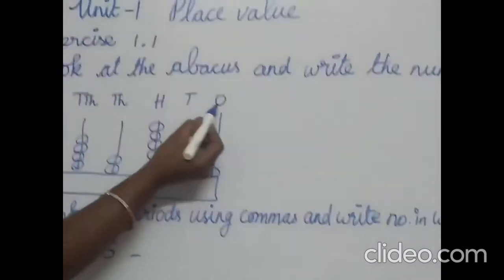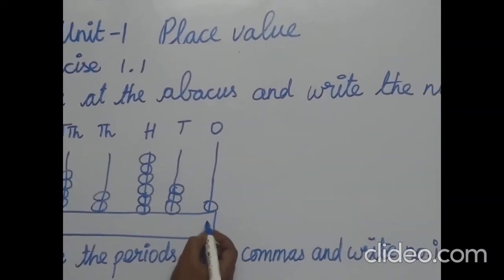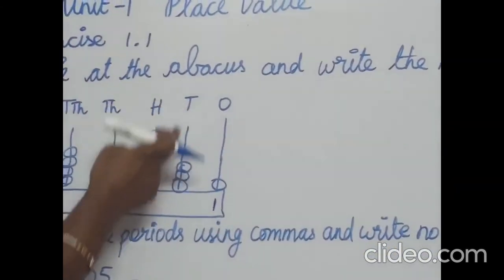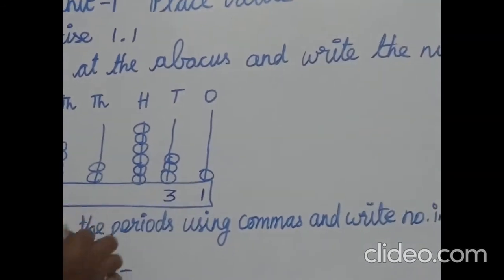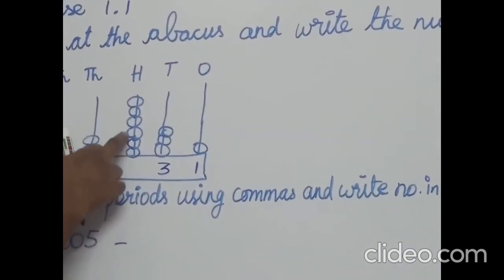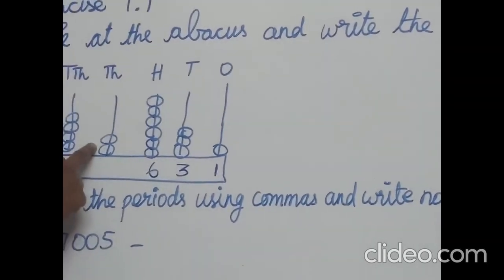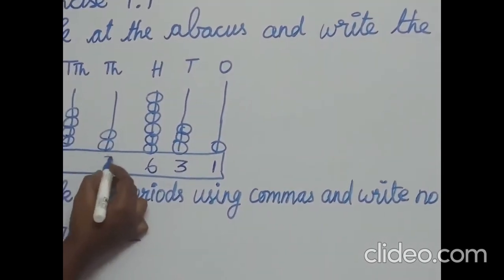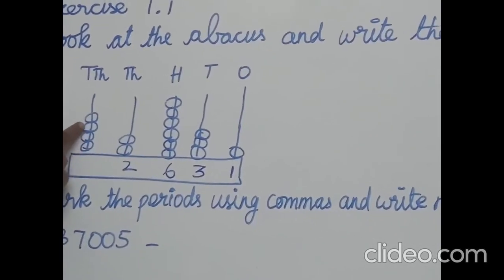See here, in ones place we have only one bead. So only one. In tens place we have 1, 2, 3. 3 tens. Hundreds place 1, 2, 3, 4, 5, 6. 6 beads. Thousands place 1, 2. 2. And in the 10,000 place we have 1, 2, 3, 4.